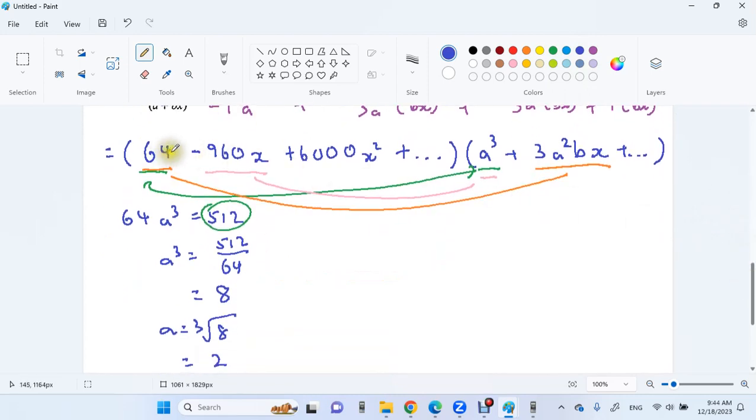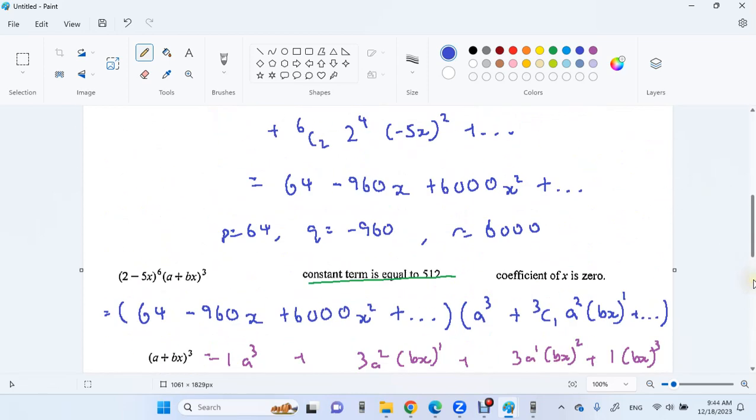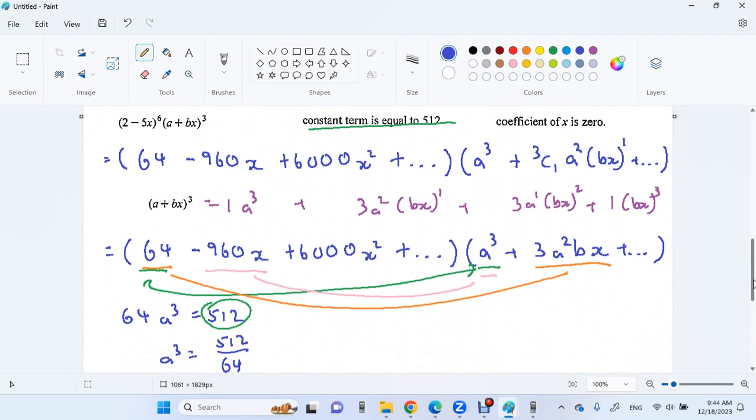Other than that, this one times this one is constant, this one times this one is x, this times this is x squared. Okay, so the coefficient for x is 0.